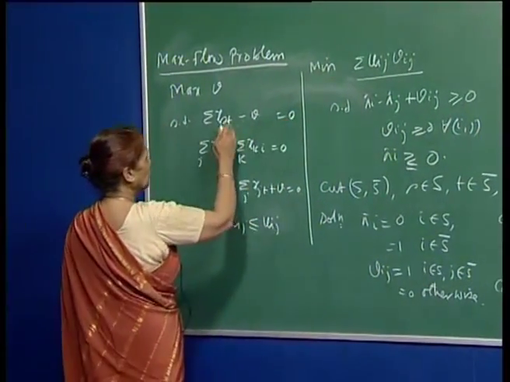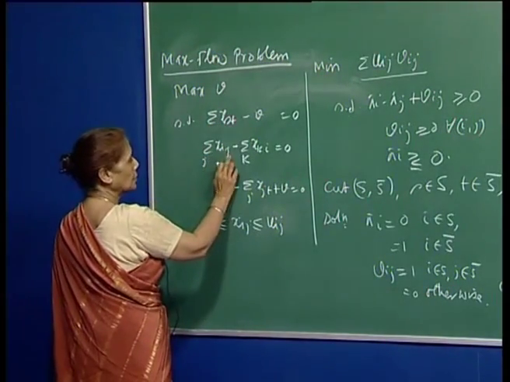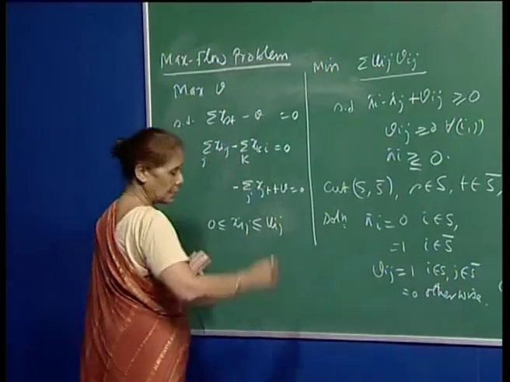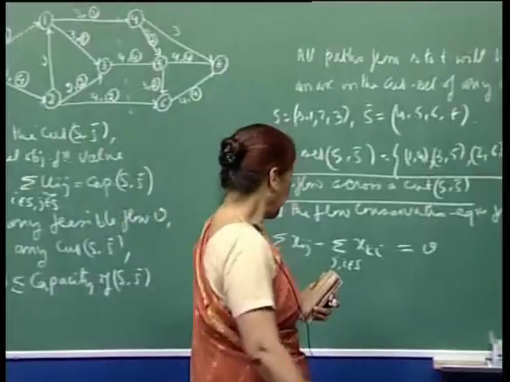So I am adding up this plus all other I's which belong to S. Part of them I will use, the remaining ones I will leave out. Okay. So this is the equation you get.